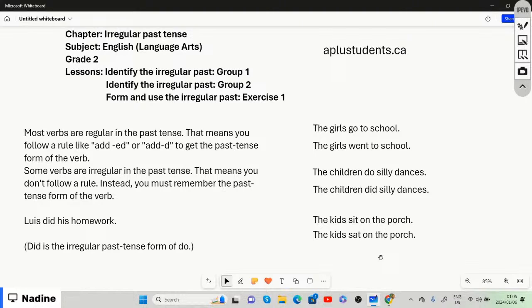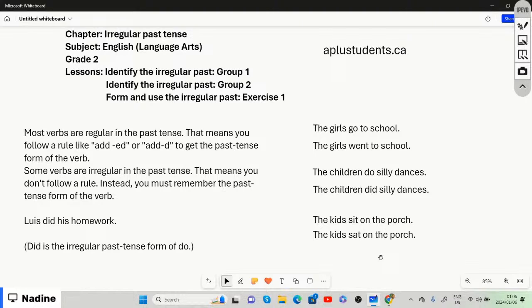All right. So when it comes to irregular past tense, most verbs are regular in the past tense. Today's lesson is about irregular past tense, but before we get to that, we're first going to have to understand regular past tense. This specifically means that you need to follow a specific rule where you add ed or you add d to your verb to show the past tense form of that verb.